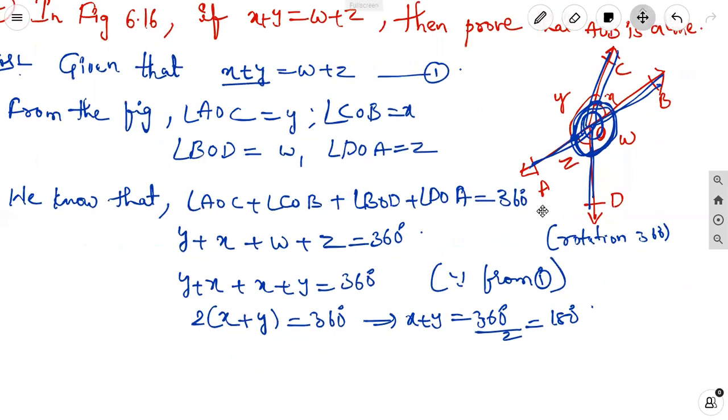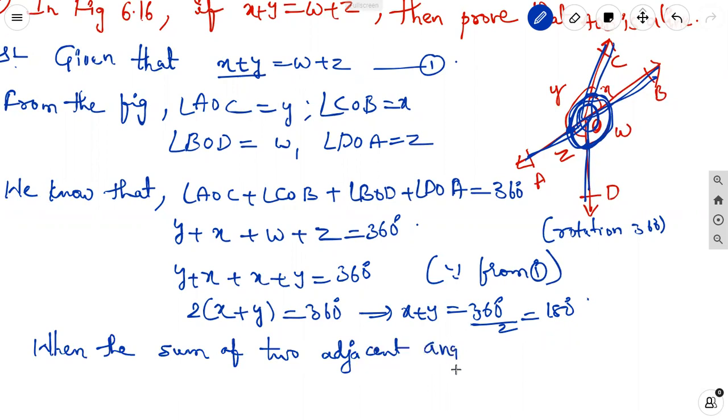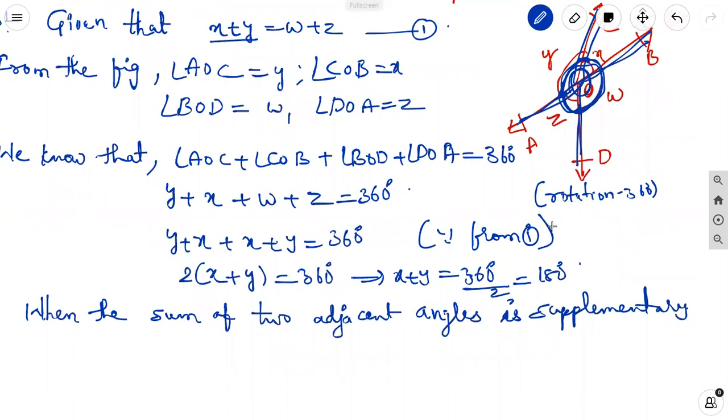180 degrees means we know that from the figure, x and y are the two adjacent angles. When the sum of two adjacent angles is supplementary, then it makes a straight line.